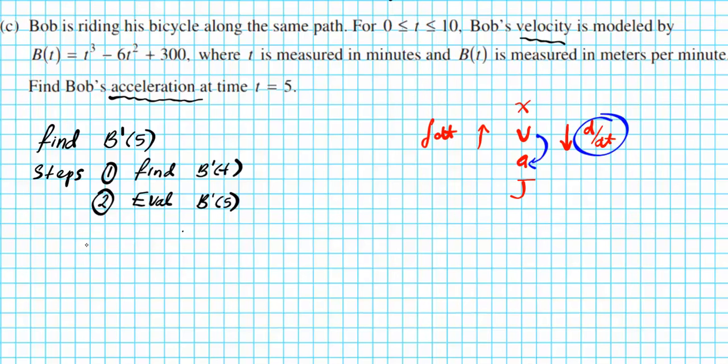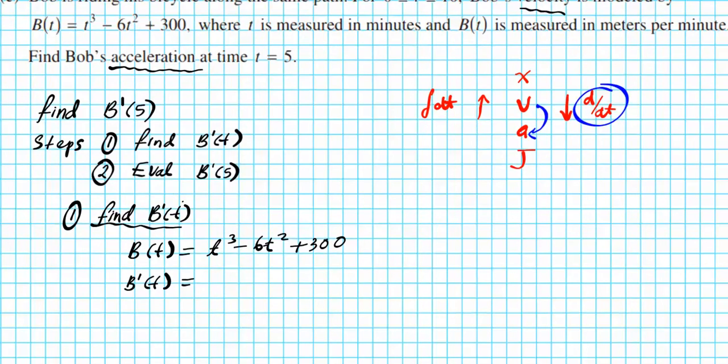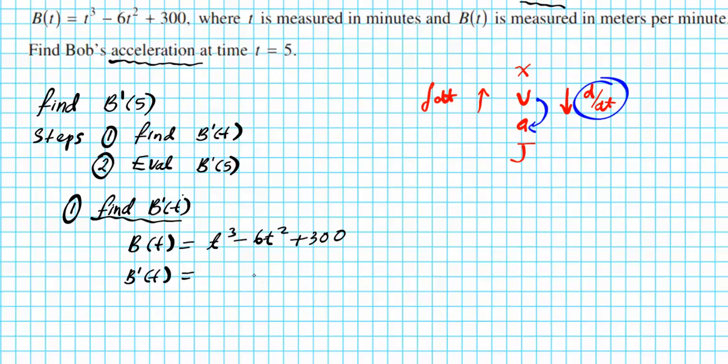So let's do it. Part 1, let's find b prime of t. Now, b of t is the velocity function given by t to the third minus 6t squared plus 300. The derivative of that, b prime of t, we're going to be using the power rule here, term by term differentiation, okay?